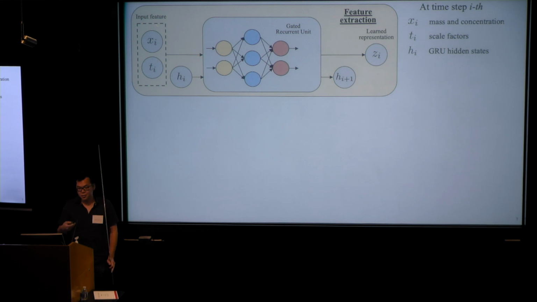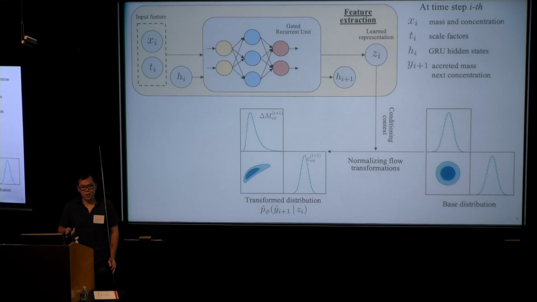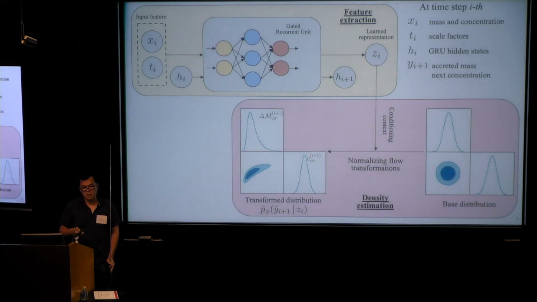We will use these features, the learned representation Z, to condition a normalizing flow, which models a base distribution and slowly transforms this base distribution, conditioning on Z, using change of variables to predict the distribution that we want. Here, the variables that I want are the accreted mass and the concentration of the next halo. And this is the density estimation phase.